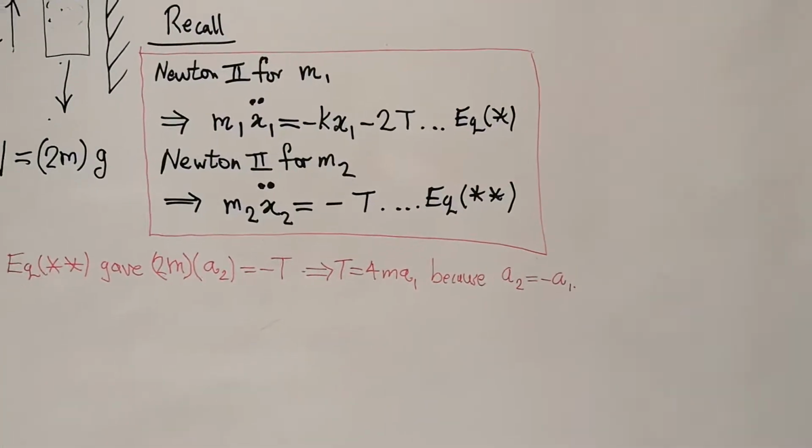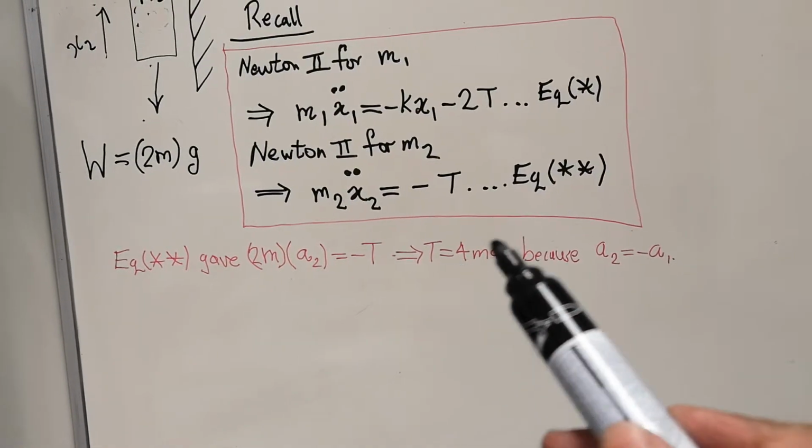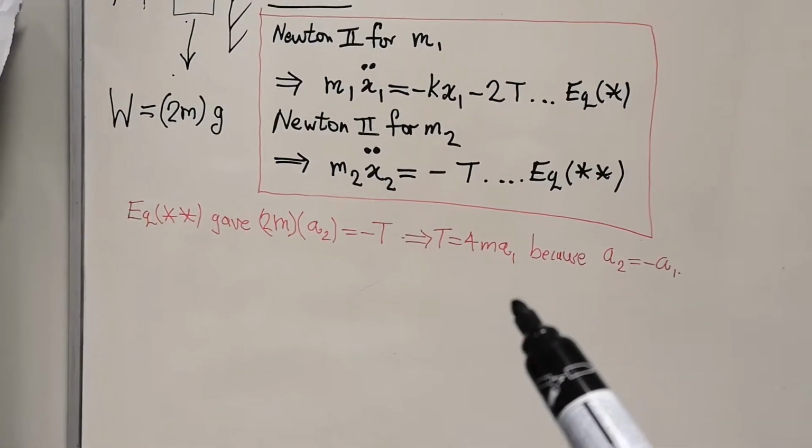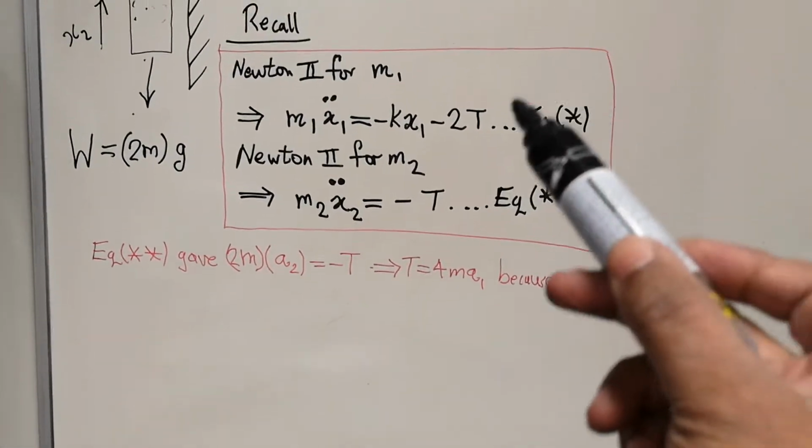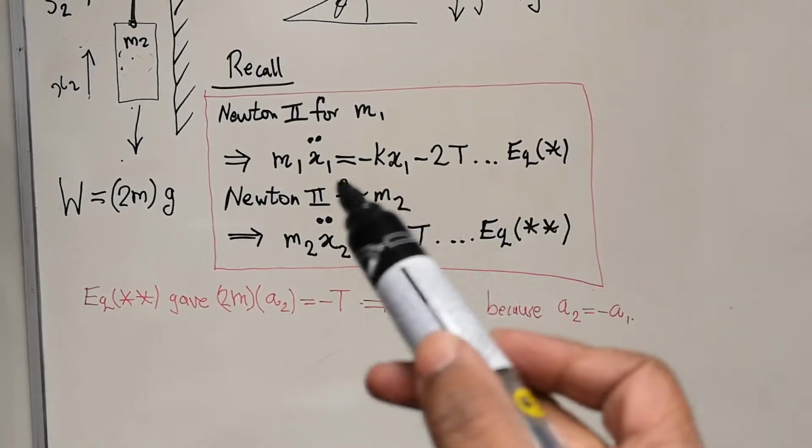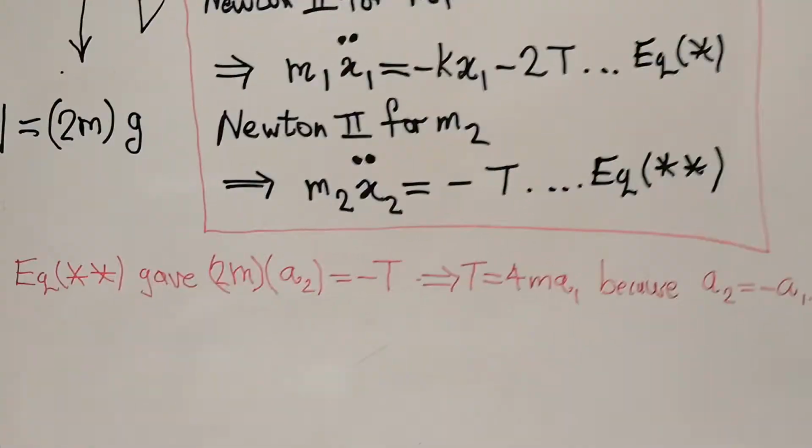We're going to use the formula for tension equal to 4ma, and put that into the equation for the mass m1. Let's do that.